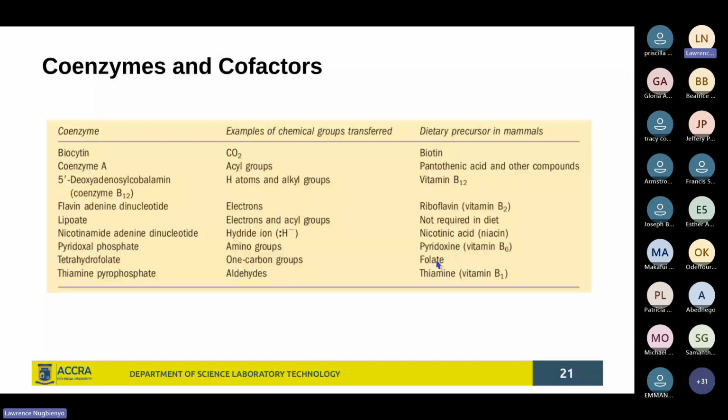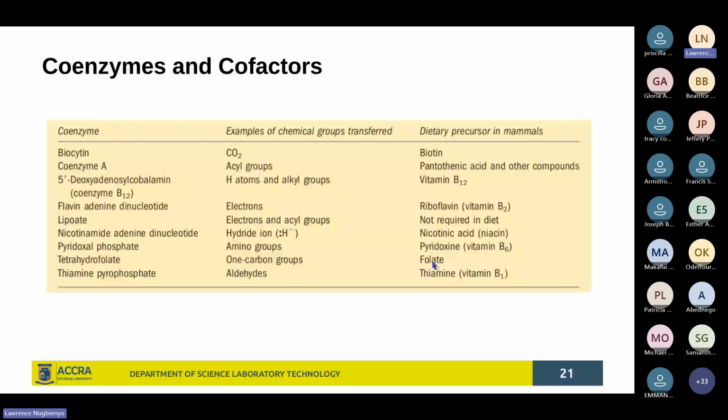So you see that a lot of times folic acid is being prescribed for expectant mothers, because it is required for the development of the child, because it is one essential coenzyme, or call it a compound, which is required in the process of proliferation of cells in the body.